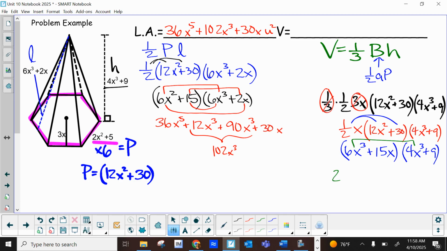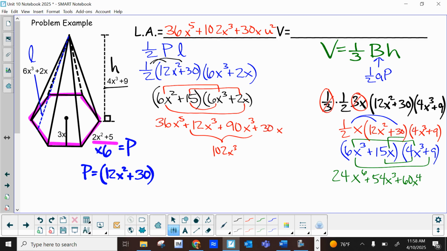6 times 4 is 24, x to the 6th. The outer, 6x cubed times 9 is 54, x cubed. The inner terms, 15 times 4 is 60, x to the 4th.